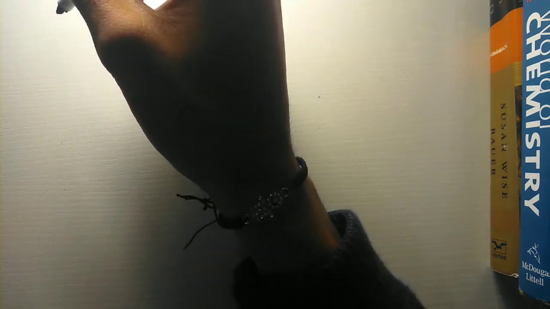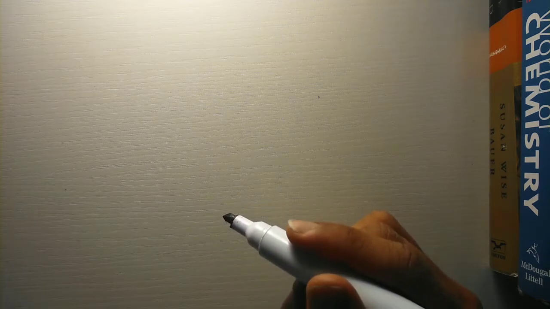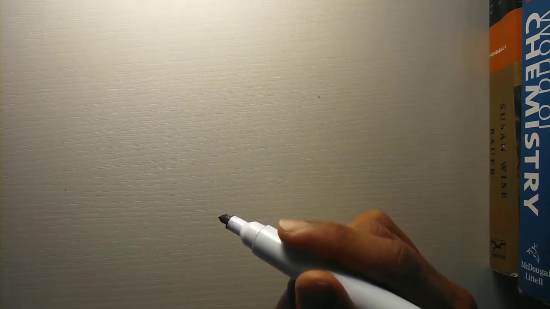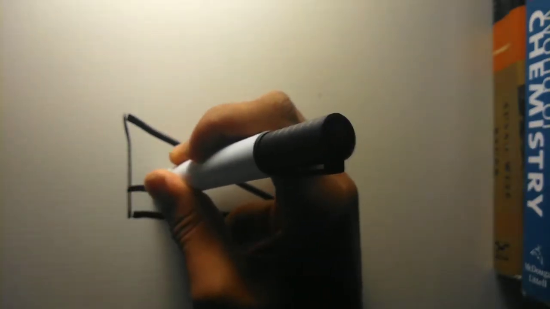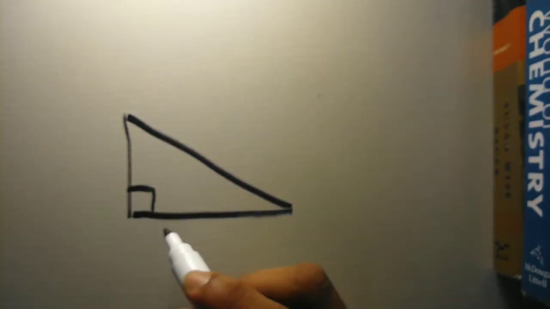Now we are going to look at something called the Pythagorean theorem that I said earlier. This Pythagorean theorem represents how to find the side lengths of our right triangles. So let's draw a triangle really quickly, a right triangle, and let's define its sides.